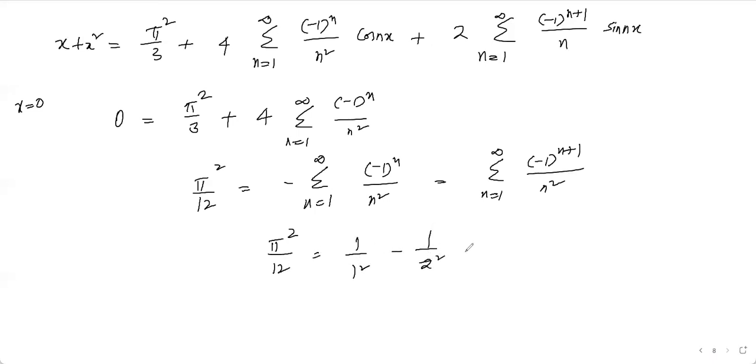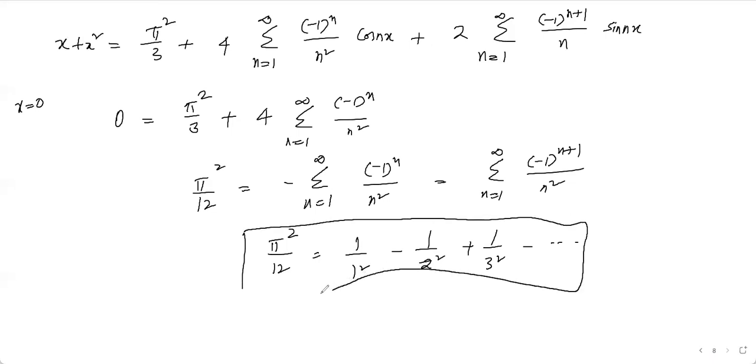Okay, so we got the first result, which is pi squared by 12, 1 by 1 square minus 1 by 2 square plus 1 by 3 square. Okay, let us consider this as 1. Now let us substitute x is equal to pi. Now this is pi square.